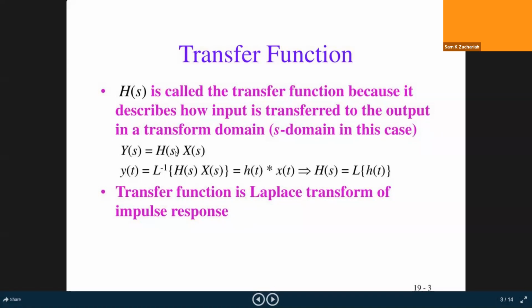HS is normally a rational polynomial function in terms of S. So a compact form of representation between input and output is obtained. And yt can be obtained as inverse Laplace of HS by using the convolution theorem of Laplace transform. You can get all these things.